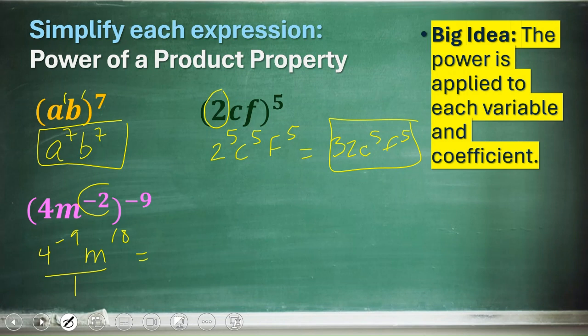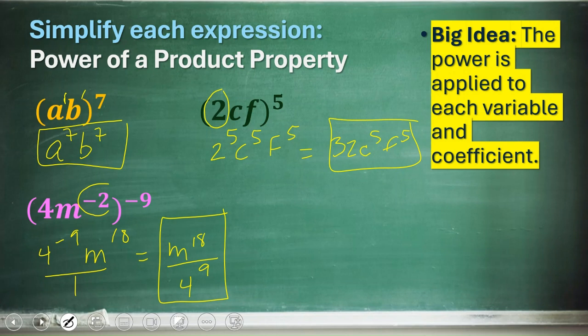So in this case, 4 to the negative 9th is in the numerator. To make that negative 9 positive, we shift 4 and its exponent to the denominator, and we make the negative exponent positive. So m to the 18th stays where it's at. The denominator ends up being 4 to the positive 9. That's how we make this positive, and that's our simplified expression.